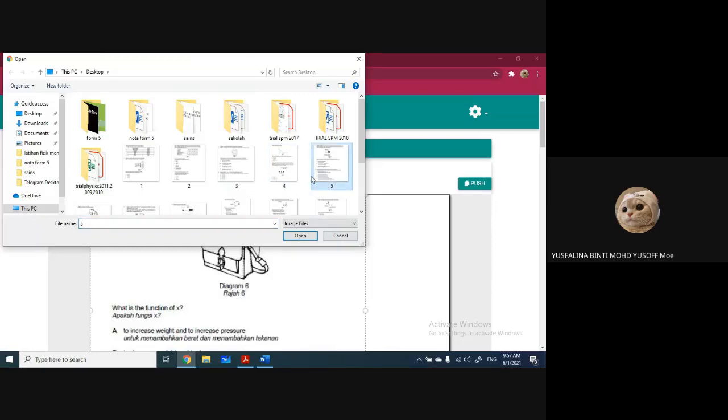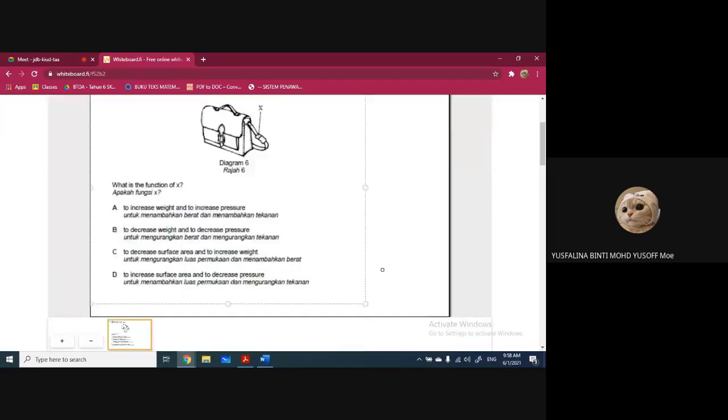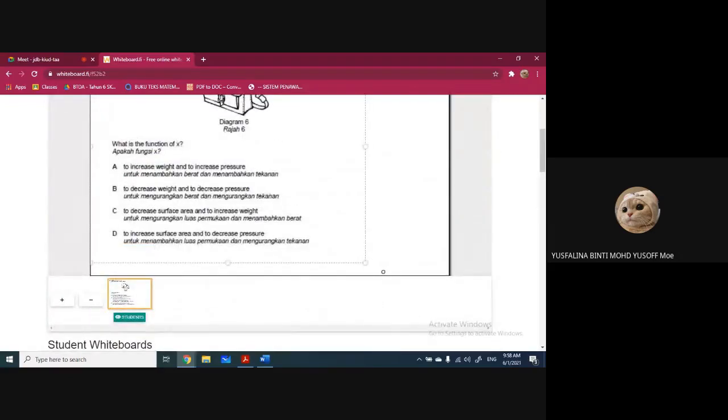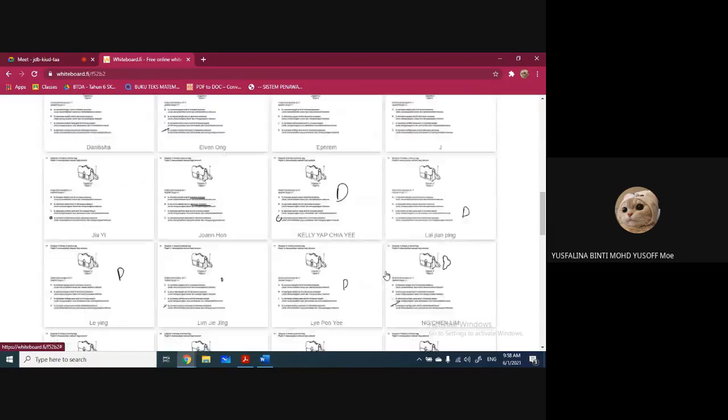Okay, just now we answered this one. Increase the surface area, decrease the pressure.